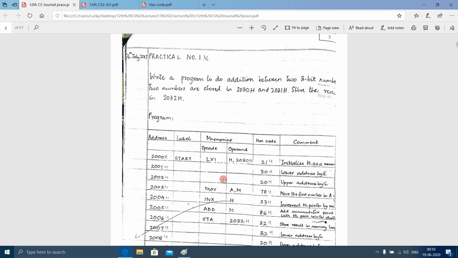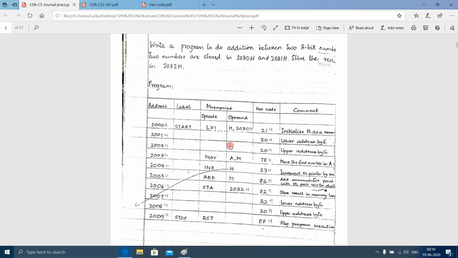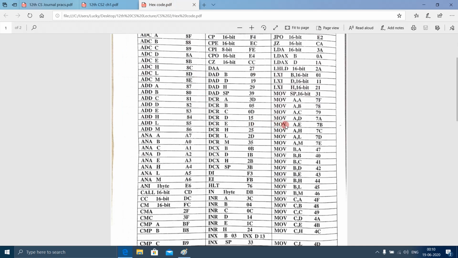Then the next hex codes are the lower address byte, 30, and the upper address byte, 20. And let us see MOV A comma M, 7E.